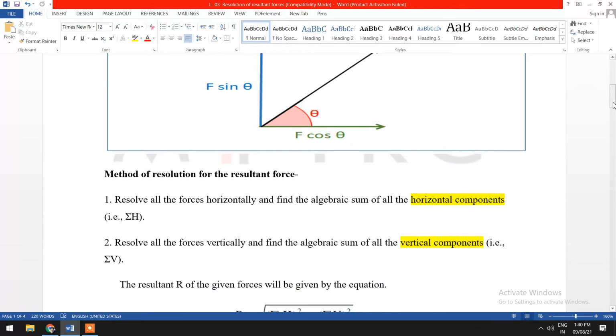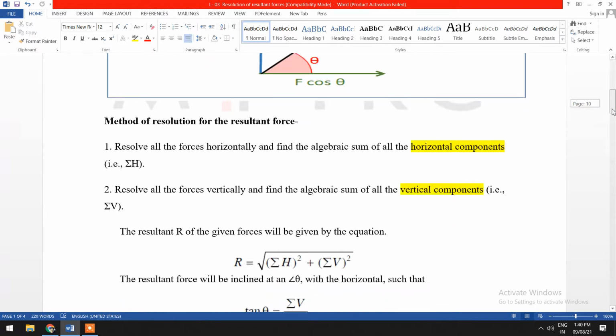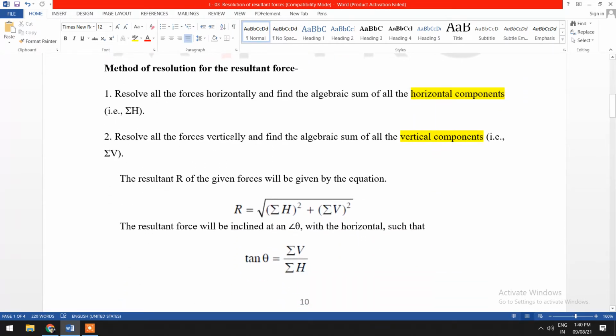For the method of resolution for the resultant of forces, first of all we have to resolve all the forces in the horizontal direction and find the algebraic sum of all the forces, the summation of horizontal components. Whatever force acts in the horizontal component, we first take its sum. After that, we resolve the forces acting in the vertical direction, and then find the algebraic sum of all the forces.